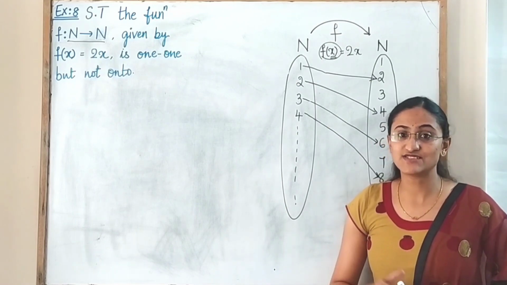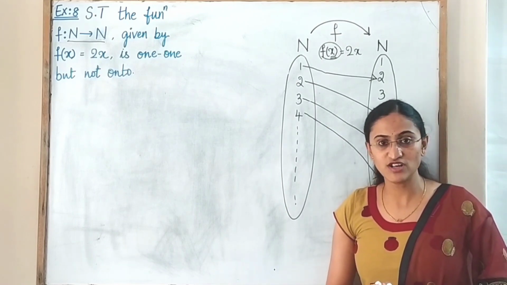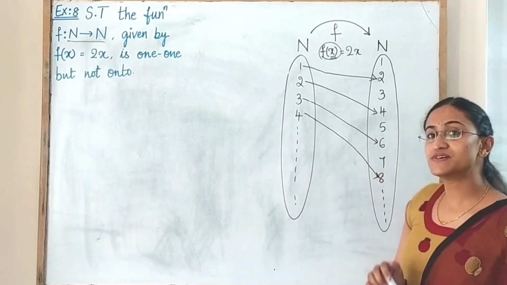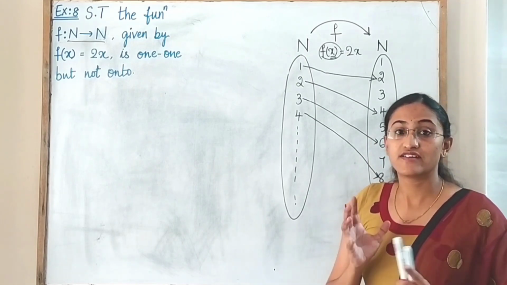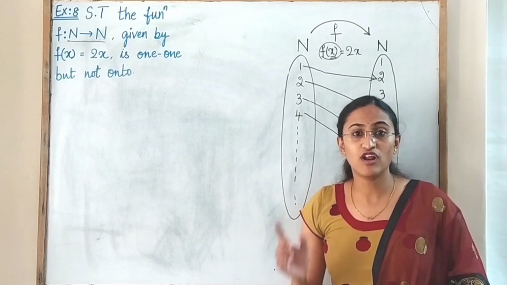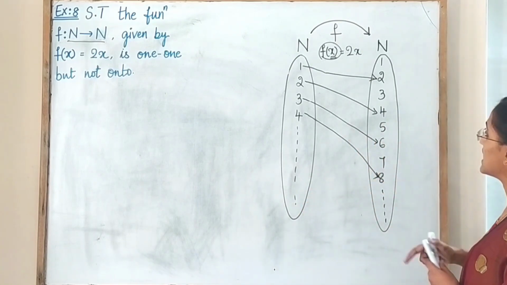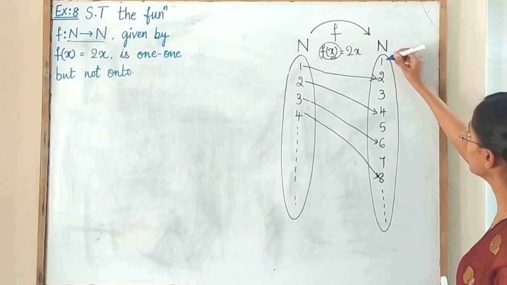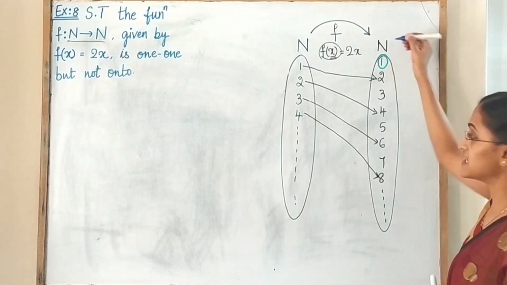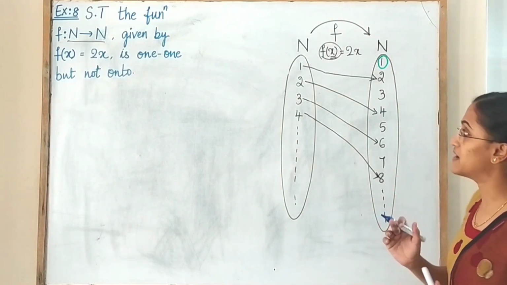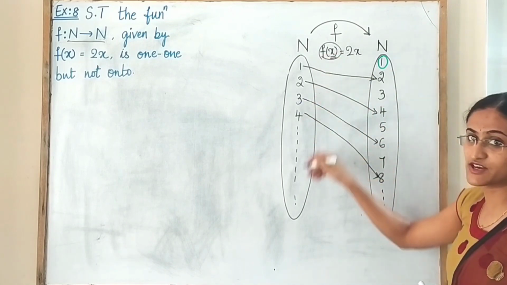Now let us analyze for the second one, that is for the onto function. Now, as per the definition of onto, range of the function will be always equal to the codomain of the function, but you can look that in the set of codomain, 1 is an element in the codomain but it is not mapped by any element from the domain.